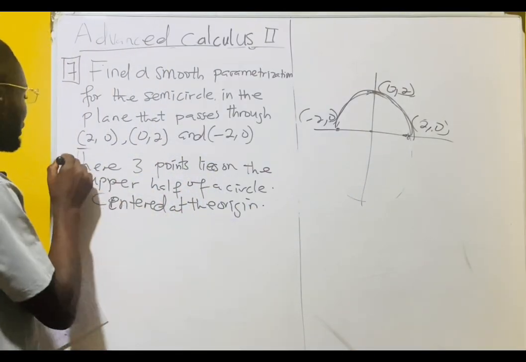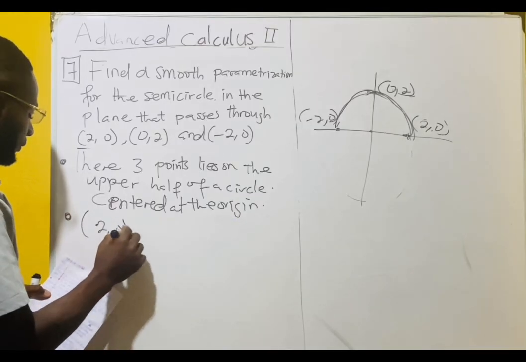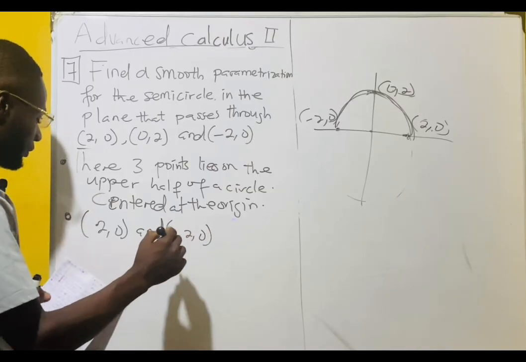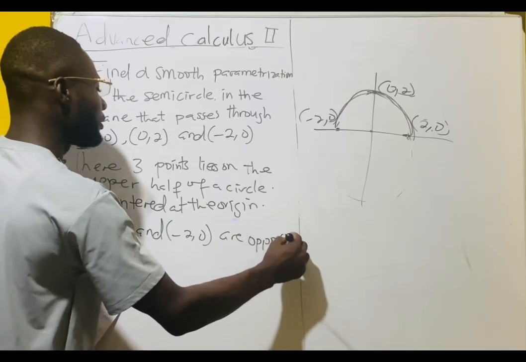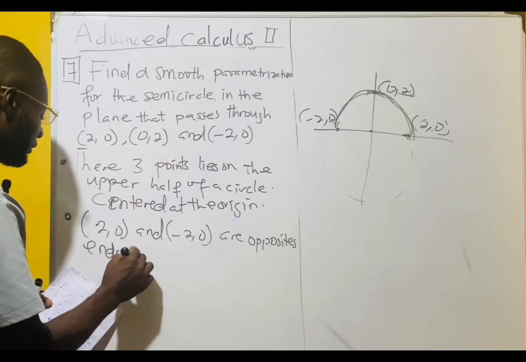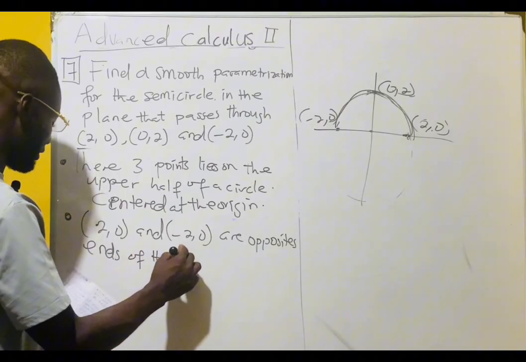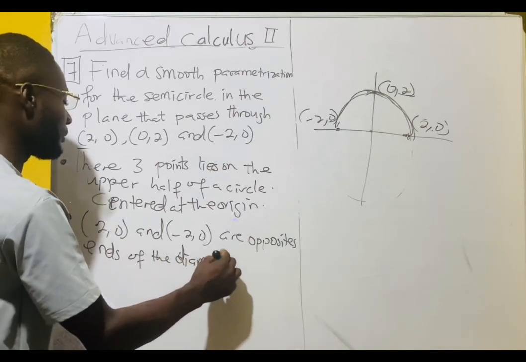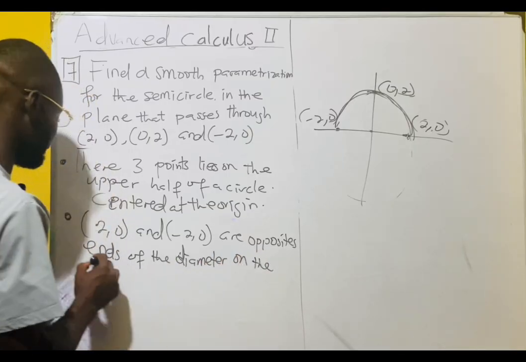So now we can say that (2, 0) and (-2, 0) are basically on the opposite ends of the diameter, on the x-axis.